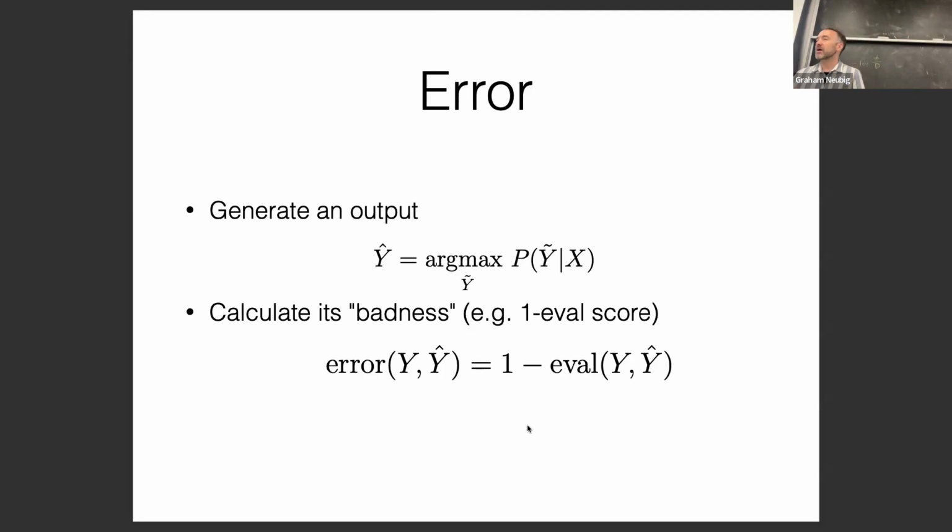The badness of the output is, for example, 1 minus an evaluation score. So if we have a BLEU score, or a COMET score or BERTScore or something like that, the badness could be 1 minus the evaluation. This we will call the error.